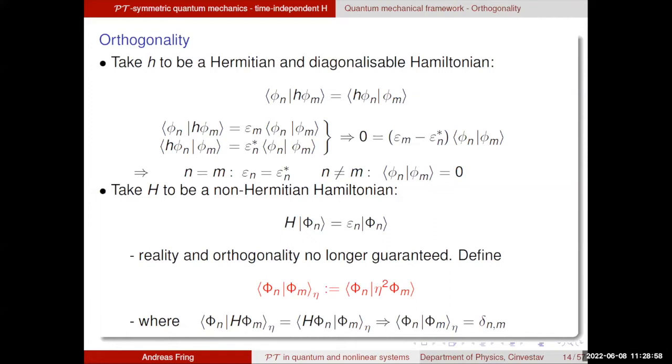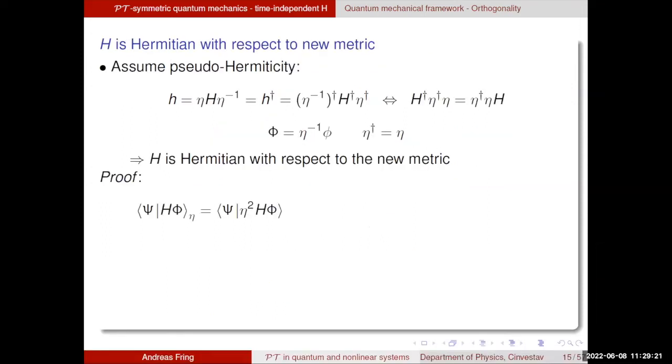If I put this object here, then with respect to this new inner product, this originally non-Hermitian Hamiltonian in the standard inner product becomes Hermitian. I can move it from the left to the right. This is an identity now in this new inner product. That's the key.